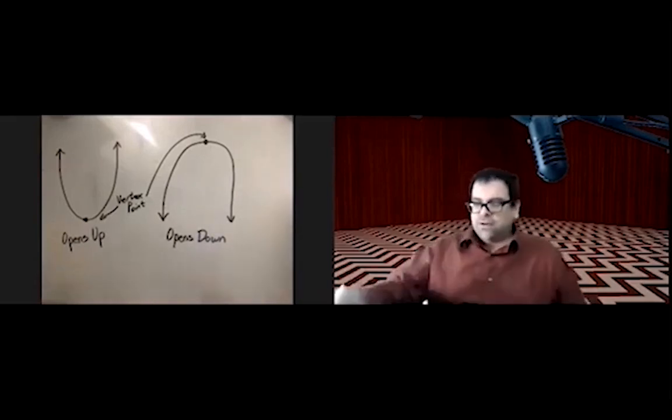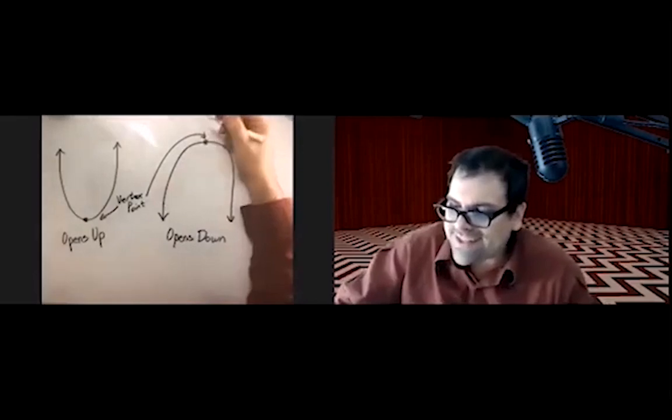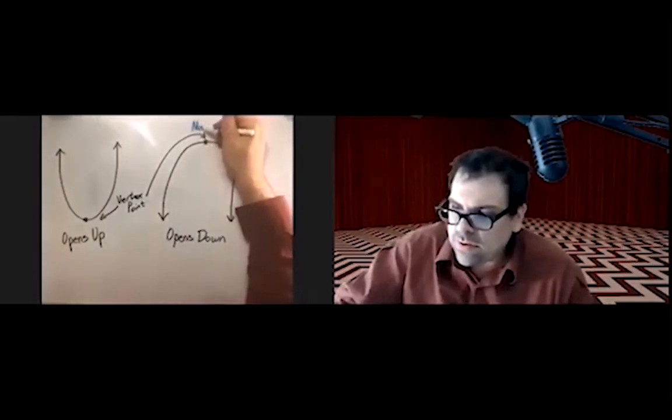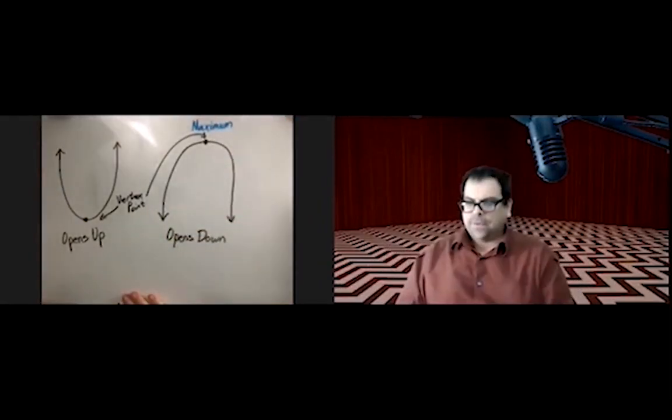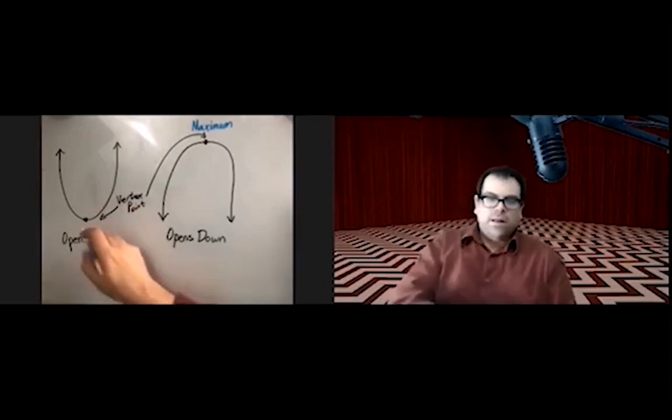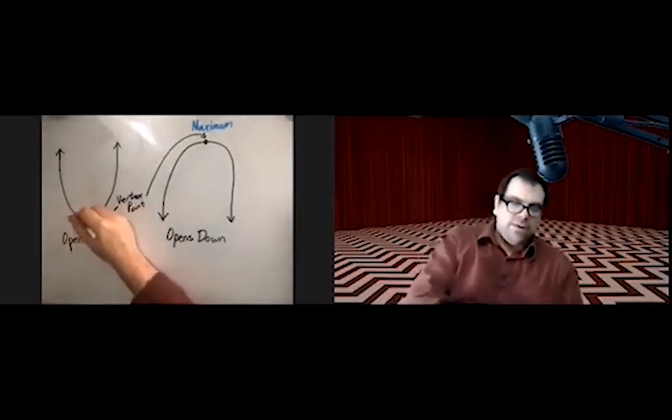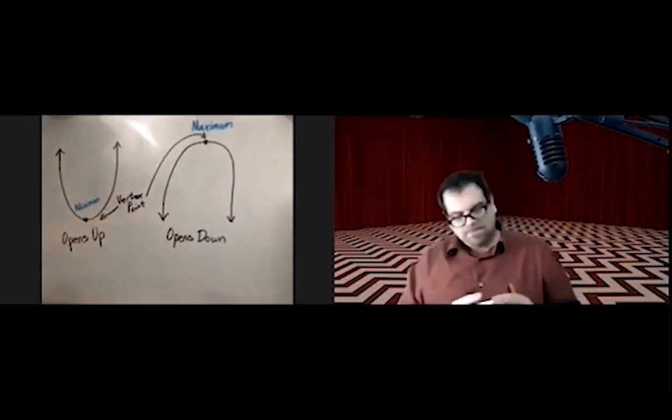The vertex point on a parabola that opens down is a maximum. The vertex point on a parabola that opens up is a minimum.